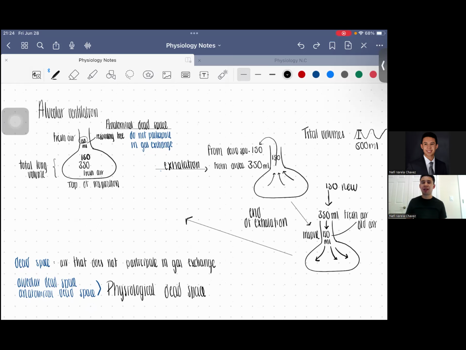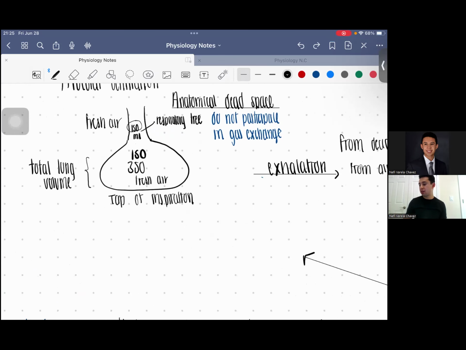This cycle is like a recycling cycle. We're gonna take some air to our lungs, and this air we're gonna call fresh air. But there is some air that is not gonna reach the alveoli level, and it's gonna stay in our bronchi somehow. And this one is not gonna participate in gas exchange. And this one we're gonna call anatomical dead space.